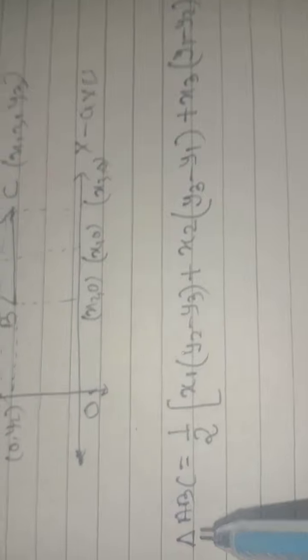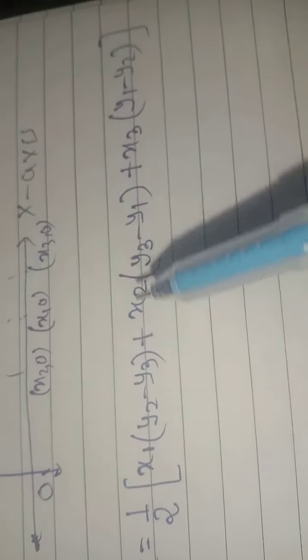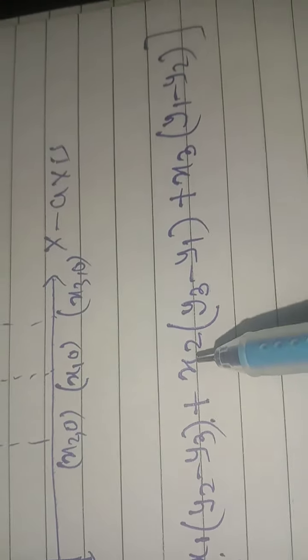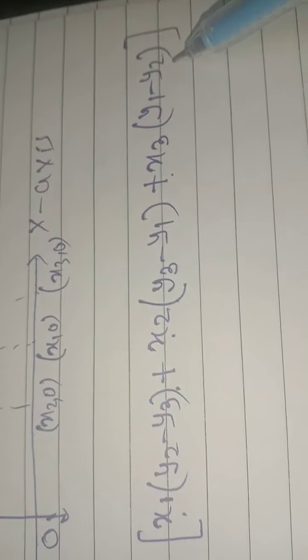See the formula, area of triangle ABC is equal to half, x1 (y2 minus y3) plus x2 (y3 minus y1) plus x3 (y1 minus y2).